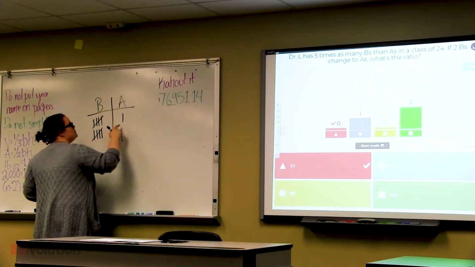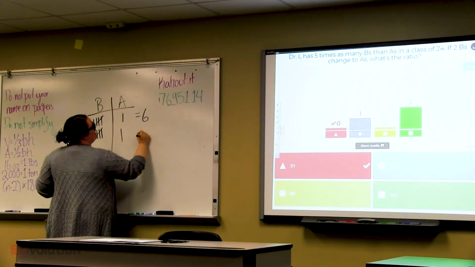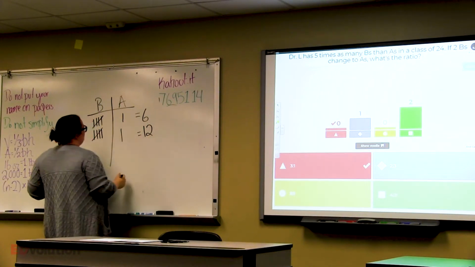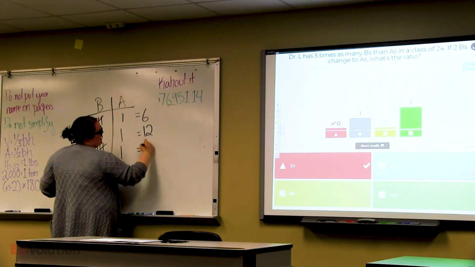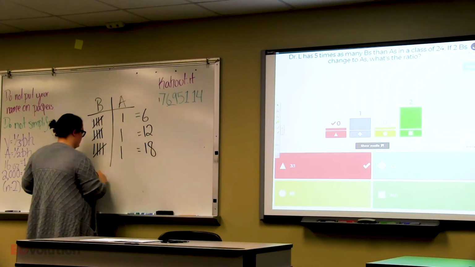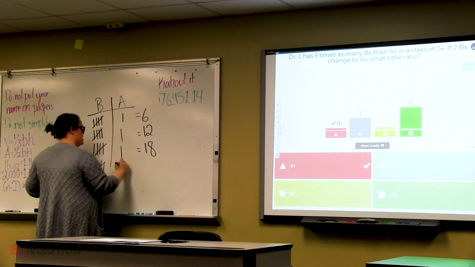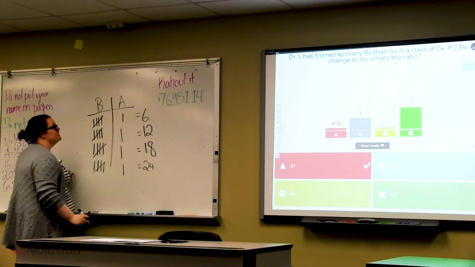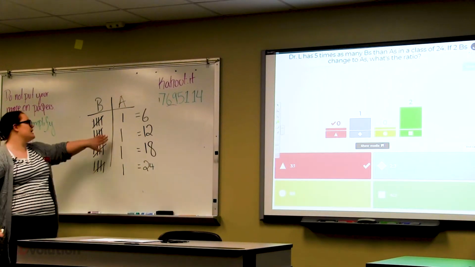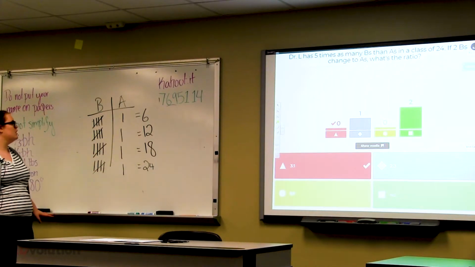Okay, so this first one made us 6. This made us 12 now. Now we have 18. And now we have 24. So this will tell us how many had B's and how many had A's out of the class of 24.